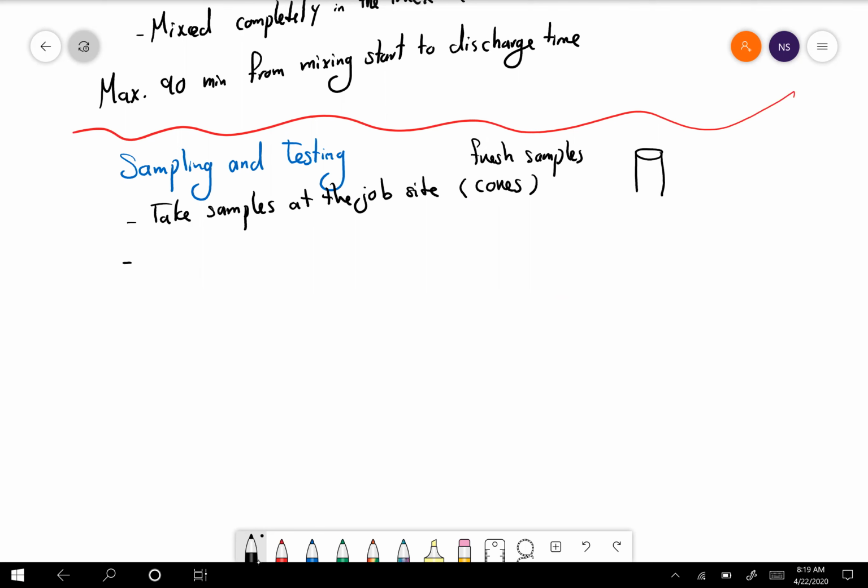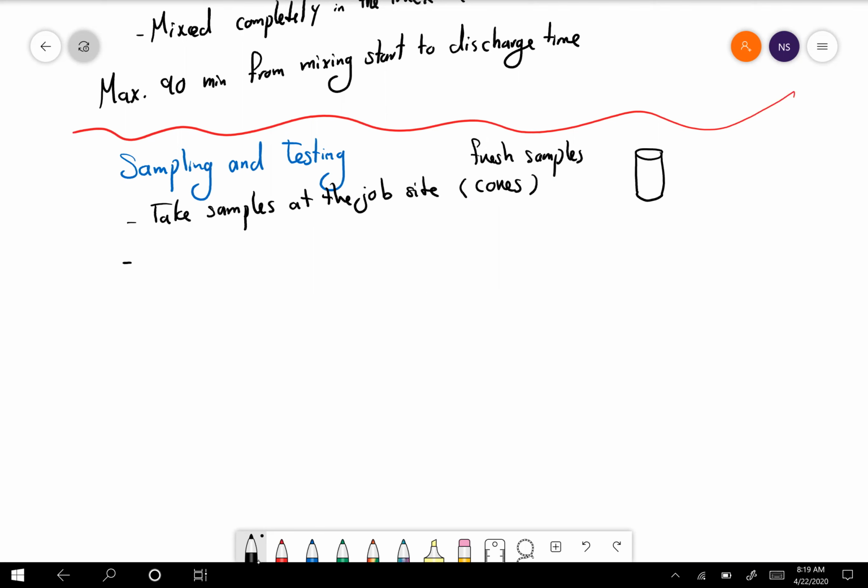You basically pour or get a sample from the fresh concrete and pour it in a cylinder mold and take it to the lab. Or if it's already hardened, you just take a core out of the hardened concrete.